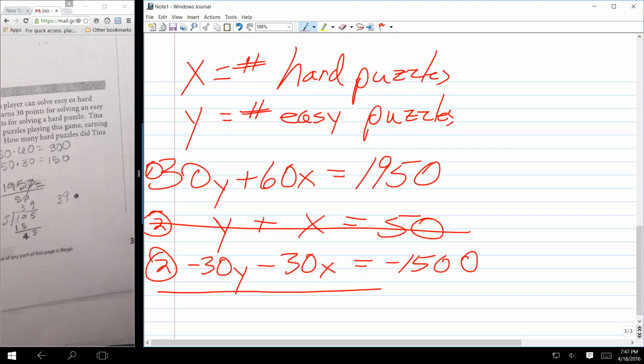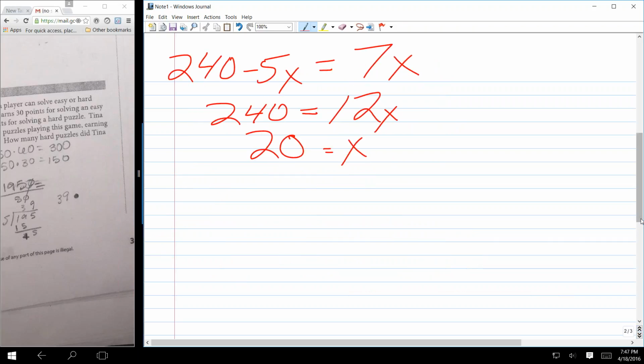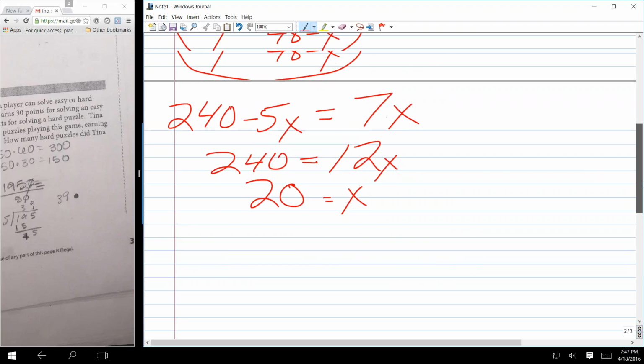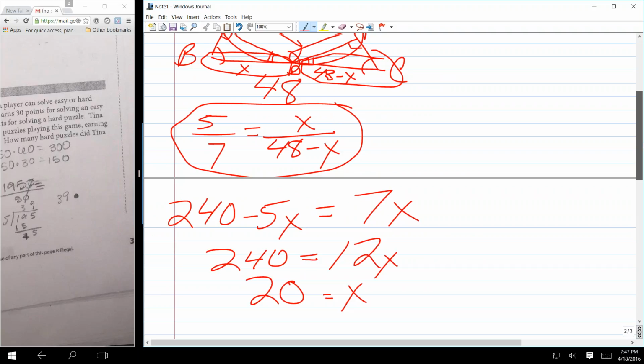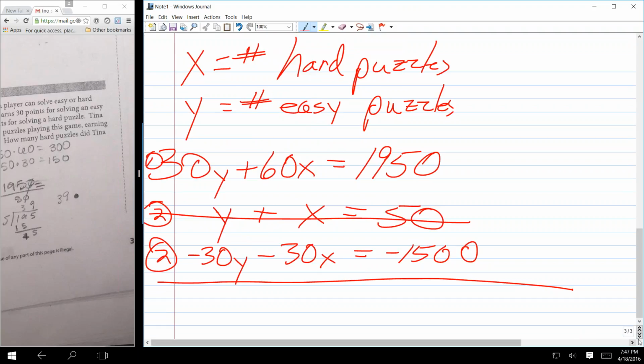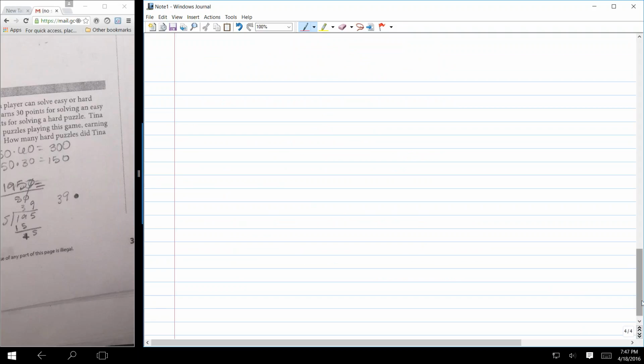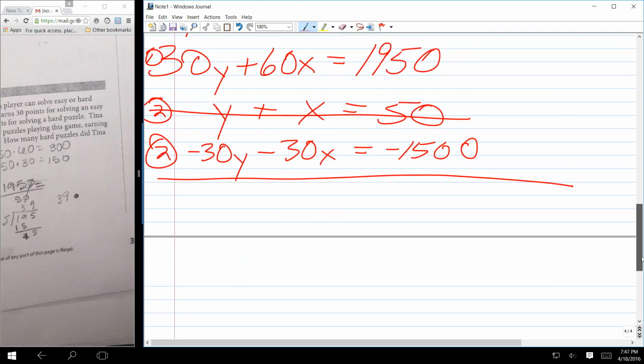And now what can I do to eliminate a variable? Well, that takes care of the y's. You add them. That's important because you can add or subtract equations.